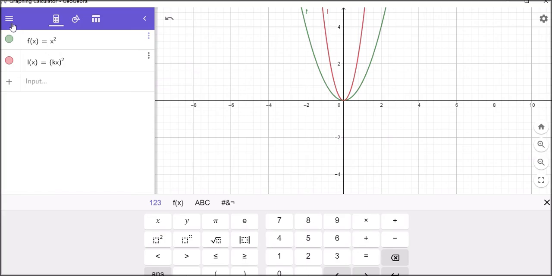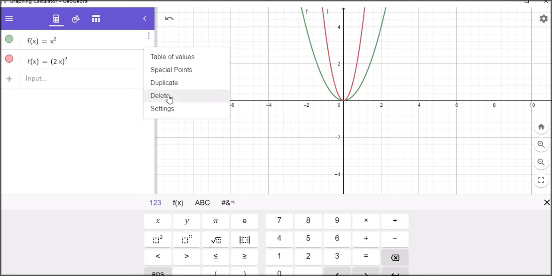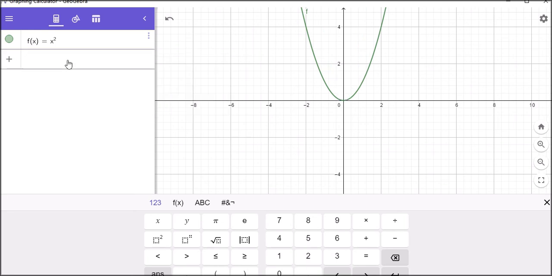We can see in GeoGebra the parent function f(x) = x squared, the green one. Here we change a. Let the function be 2x squared. We can see the new function here.